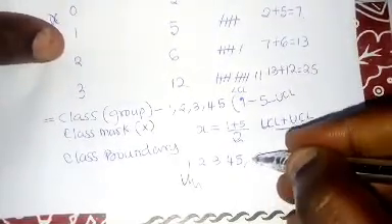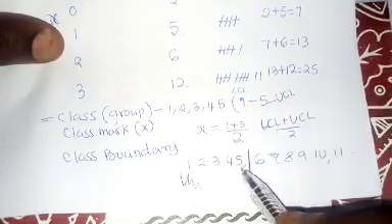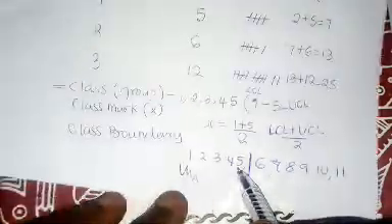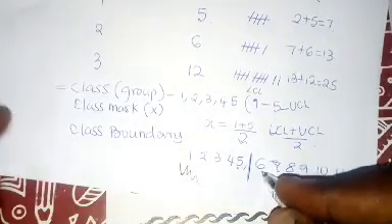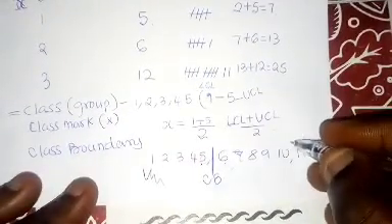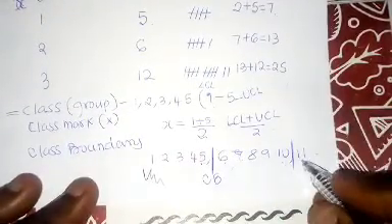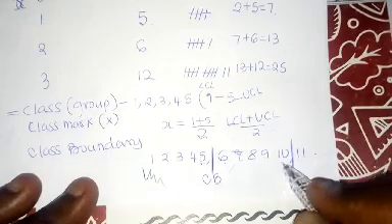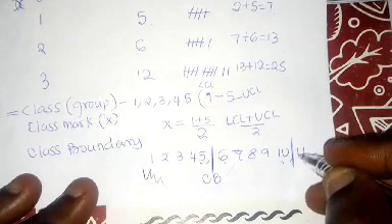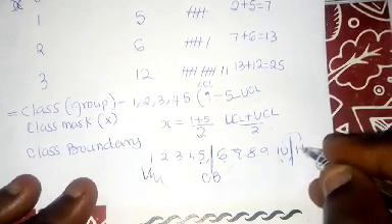The halfway between the upper class limit of a class and the lower class limit of the next class is called the class boundary. So the class boundary is the halfway mark between 10 and 11.